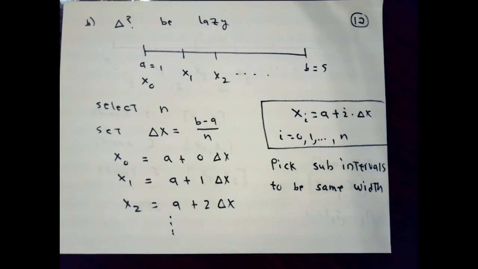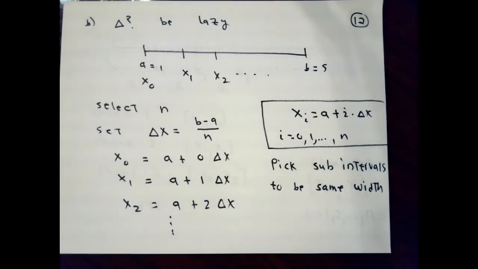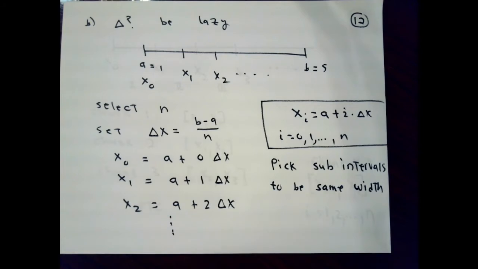In general, xi, using equally sized subintervals, is going to be a plus i times delta x. This is true for i equals 0, 1, 2, out to n.